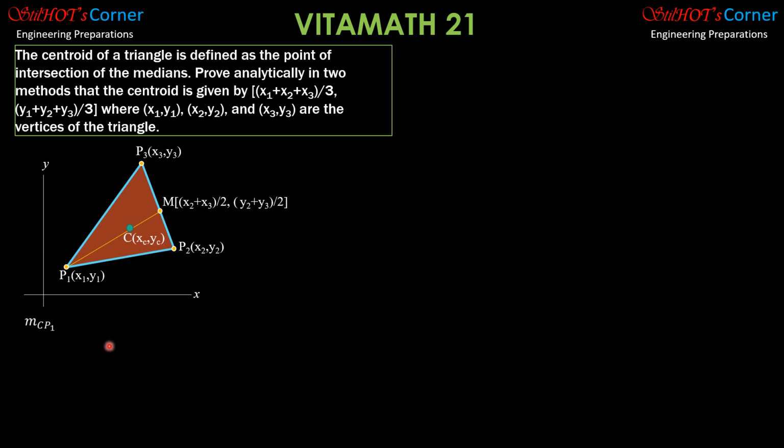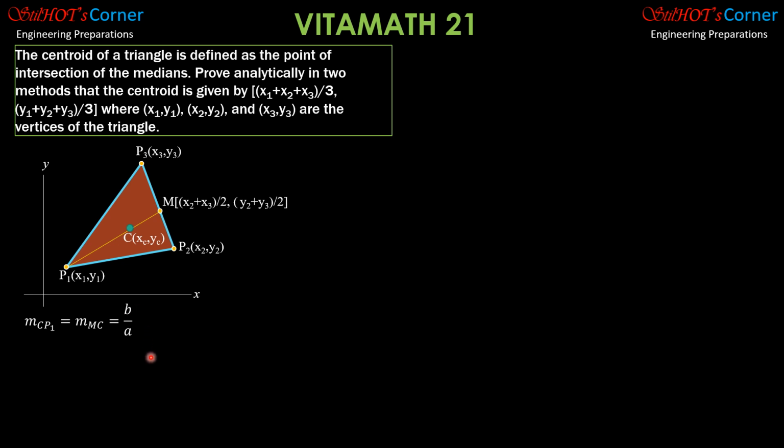So slope of CP1 is equal to slope of MC, and we will denote that slope as B over A. Even if the lengths of the lines are not equal, the slope is constant, and we will just call it B over A in general, or the slope can be reduced to B over A.